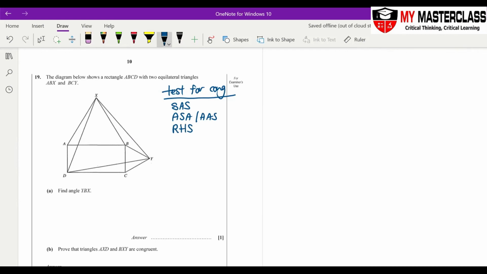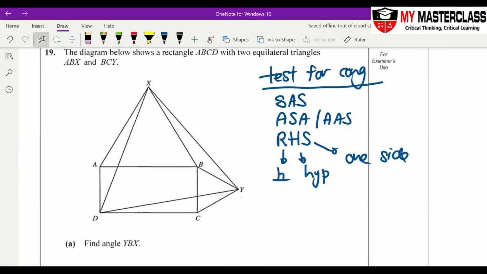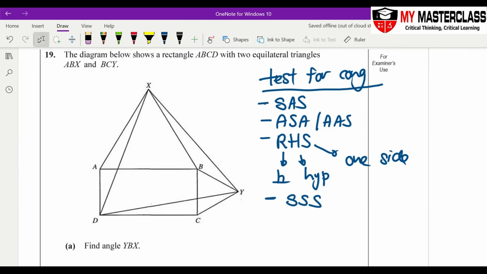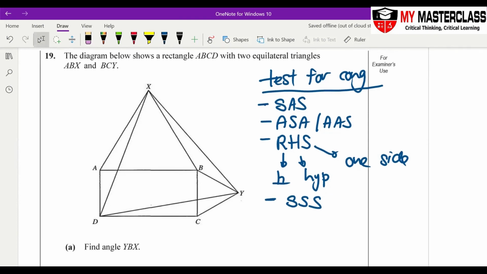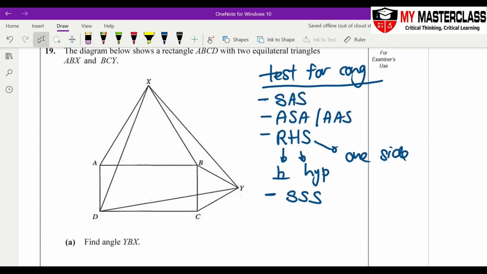What does RHS mean? Right angle, hypotenuse, and one side. Then the last one, which they seldom do, SSS, prove that three sides are equal. Equilateral triangle means one angle is 60 degrees.